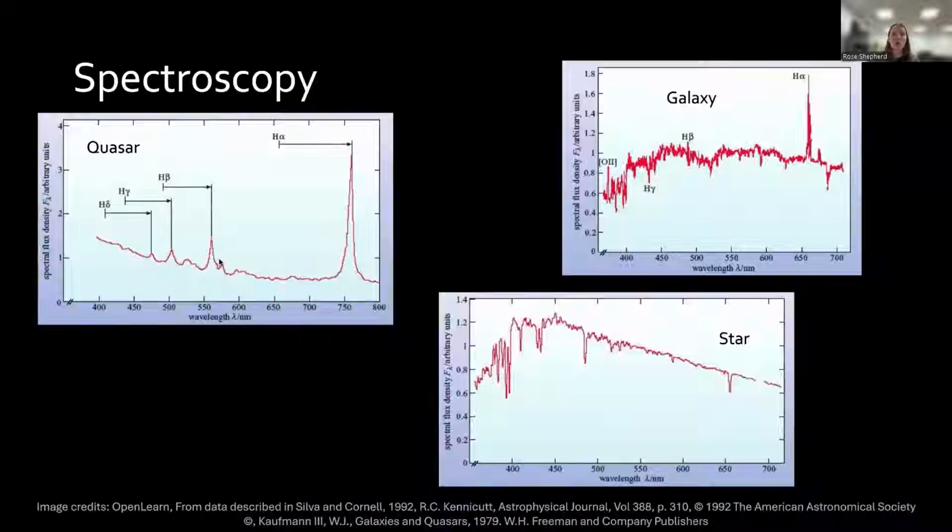With quasars, we see prominent broad emission lines and this sort of sloped shape downwards. With ordinary and inactive galaxies, we see narrow emission lines, and often the spectrum is sloping upwards from the lower wavelengths, the shorter wavelengths. And then with stars, we see absorption lines, which are similar to emission lines, but we observe them as dips in the spectrum instead of spikes. So these three types of objects all have distinctive spectra. What's the problem?